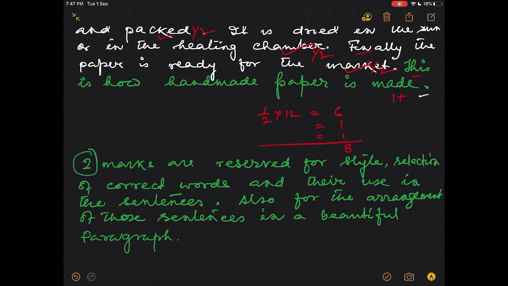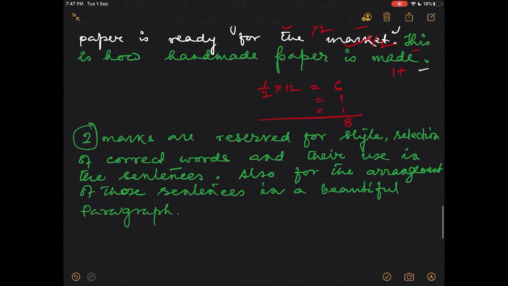Okay, this is the explanation for these 2 marks. So if you can write your processing this way, and if you can arrange them this way, surely you are going to have another 2 marks. So together 10. So students, you saw how easy it is to score a very good score, good marks.